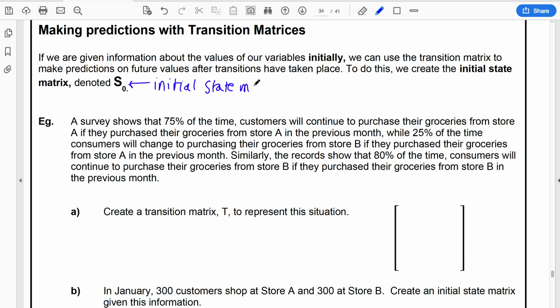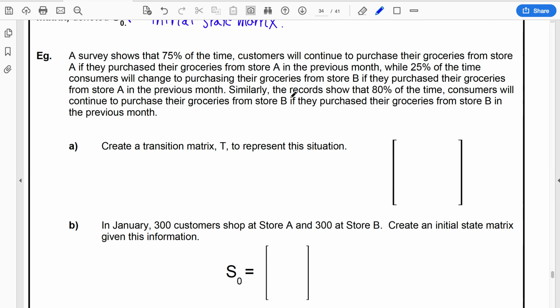Now I'm going to use this example down here. We've got a survey that shows 75% of the time customers continue to purchase their groceries from store A if they purchased their groceries from store A the previous month.